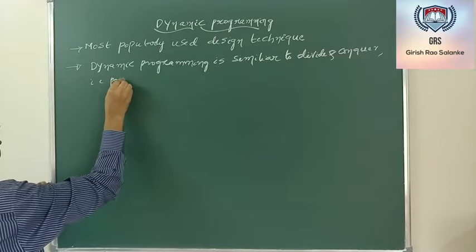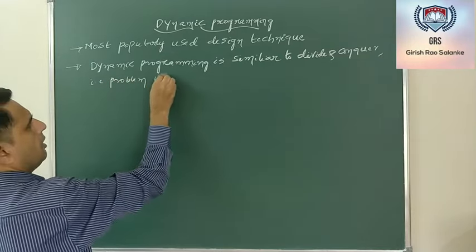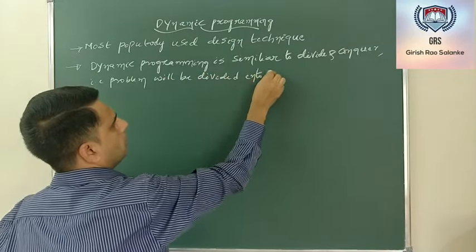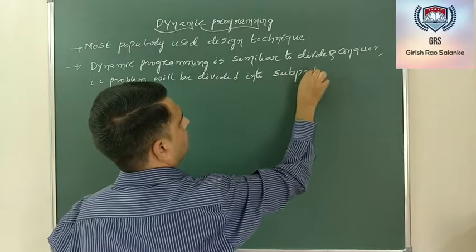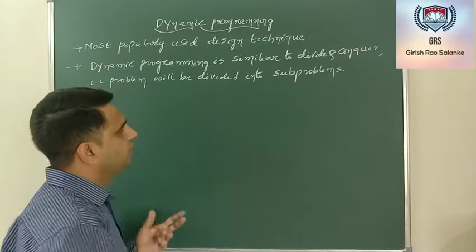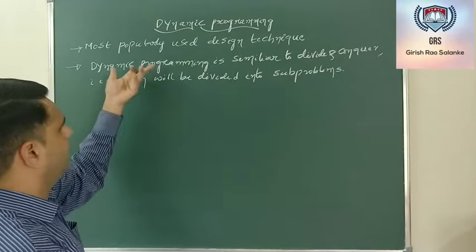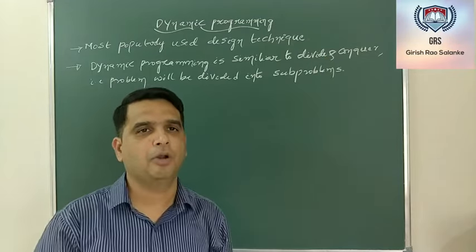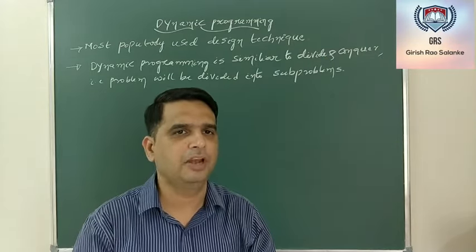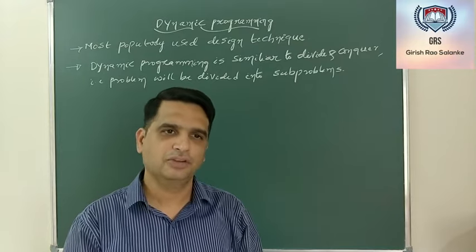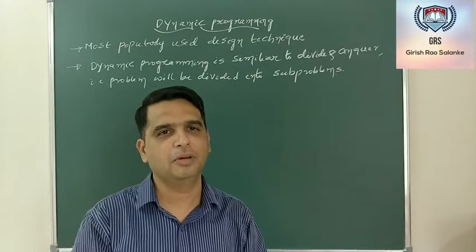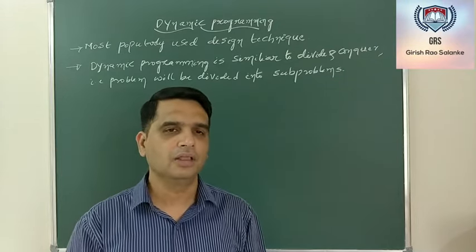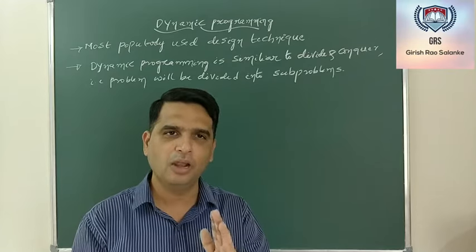But the difference between divide and conquer and dynamic programming is that in divide and conquer, if there are overlapping sub-problems, if the same problem is repeated, then the sub-problem will be solved in both instances. If the sub-problem is repeated thrice, it will be solved thrice. Whereas in dynamic programming, the overlapping sub-problem is solved only once.